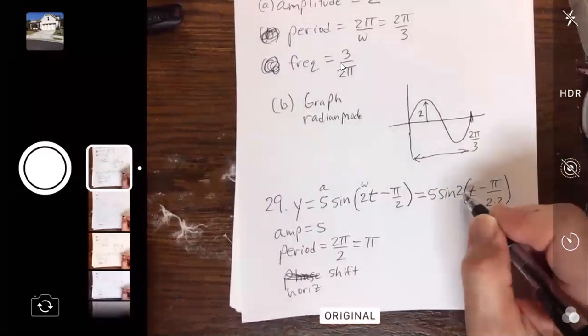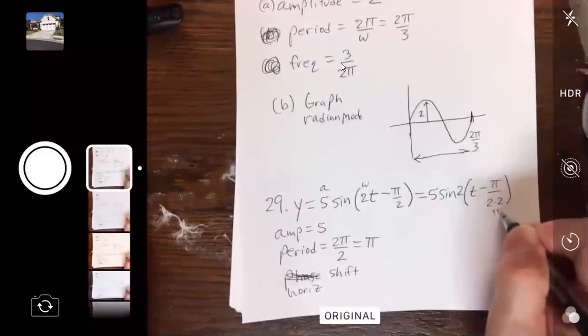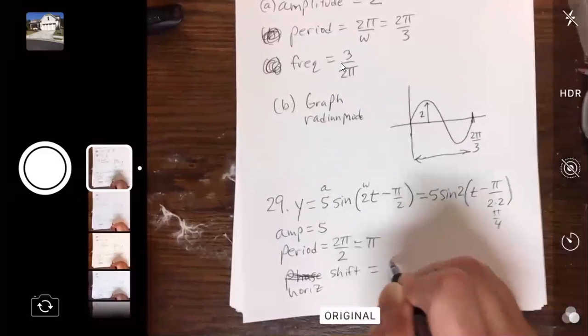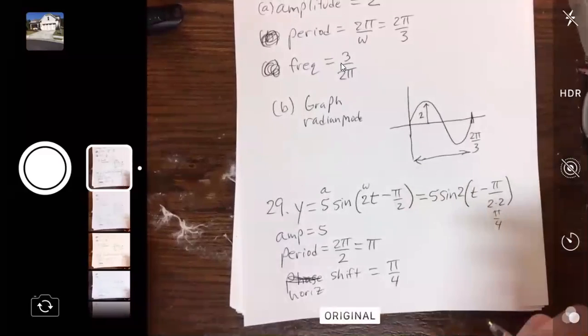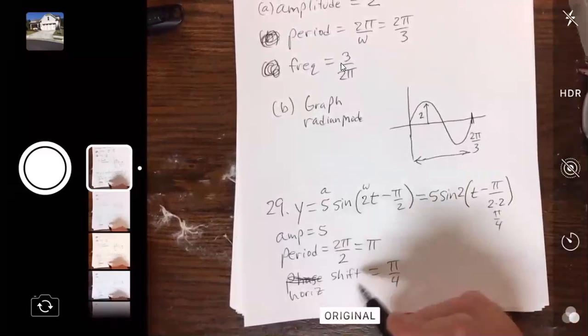If you remember, you had the k factored out, and so you'd be at pi over 4 here. The horizontal shift would be pi over 4. You don't have to worry about phase. We'll just do amplitude, period, and horizontal shift.